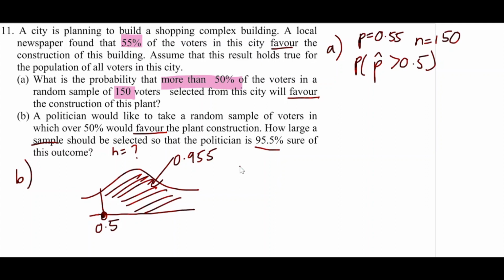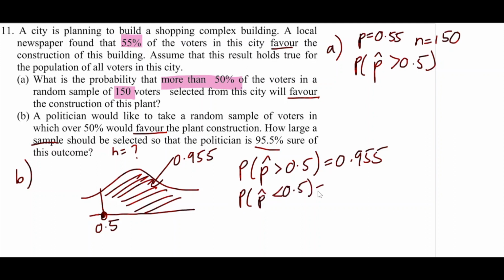So let's transform the illustration to your statistical formula. P hat greater than 0.5 equals 0.955. Definitely we need to use the table to solve for N. So I'm going to change this to less than 0.5 equals 1 minus 0.955 is 0.045.